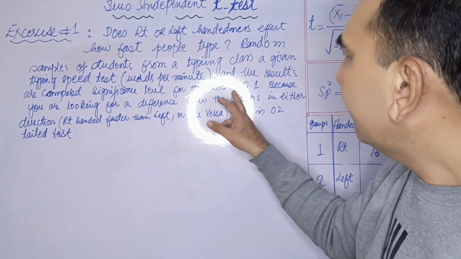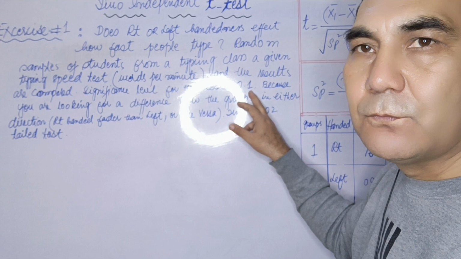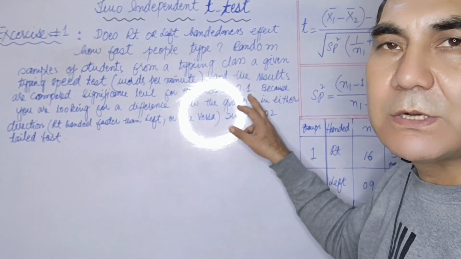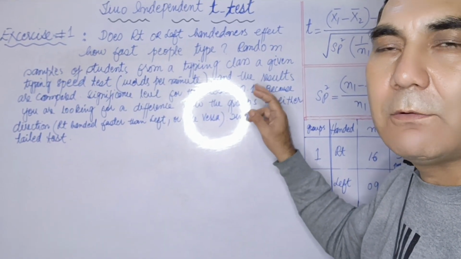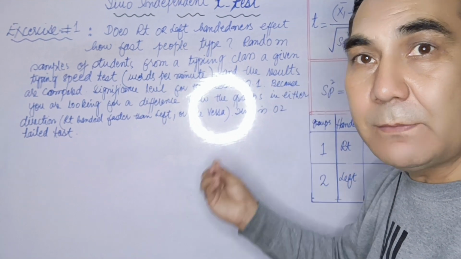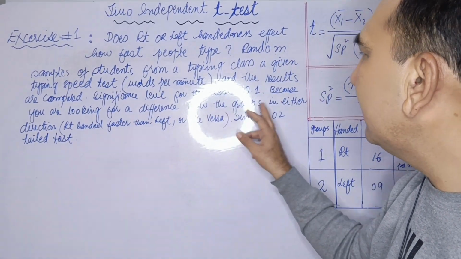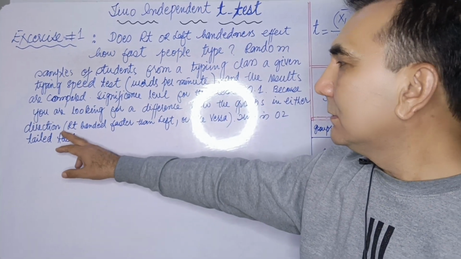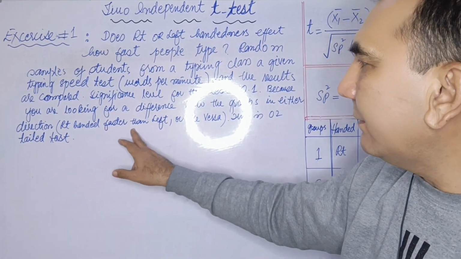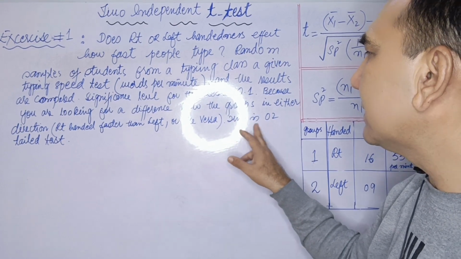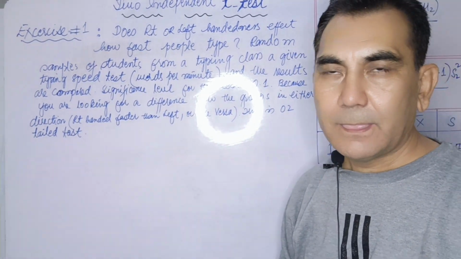And the level of significance for the test is 0.1, meaning 10%. The margin of error is 0.1, or the level of significance is 10%, 0.1. Because you are looking for the difference between the groups in either direction, right-handed faster than left-handed or vice versa, this is a two-tailed test.